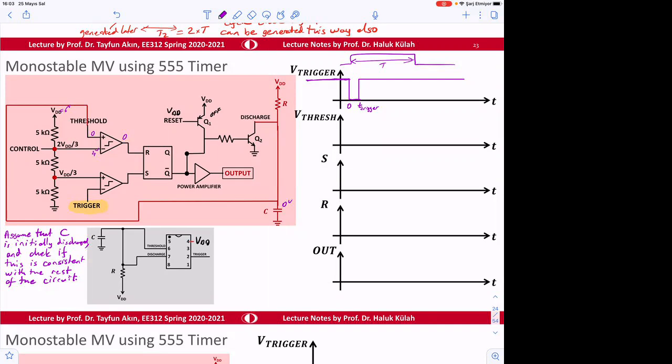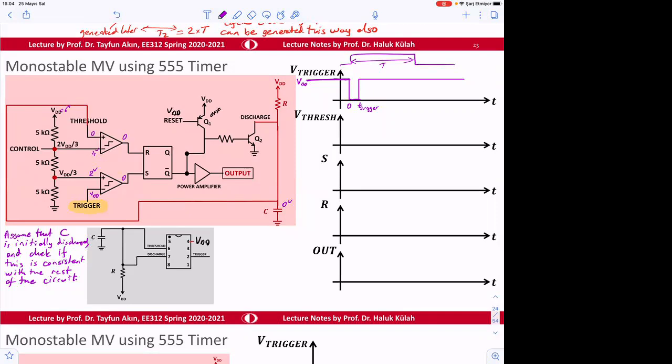And the trigger initially was, remember, high. So it was 1 or VDD. So if the trigger was VDD, what is this? This is 2 volts. So what is this S? S will also be 0, right?